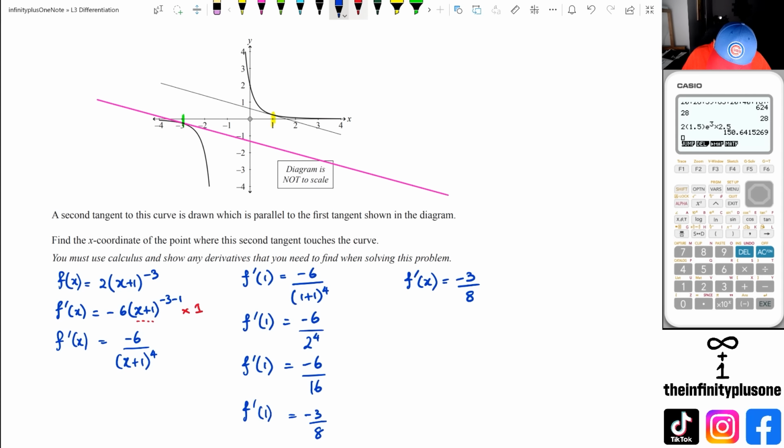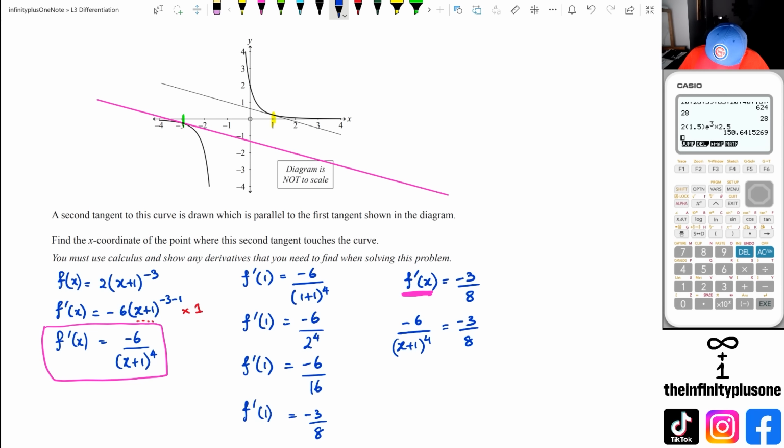So f dash of x is this thing right here. So we can say that negative 6 over (x plus 1) to the power of 4 equals negative 3 over 8. Now this should give us all the x values where the gradient is equal to negative 3 over 8.